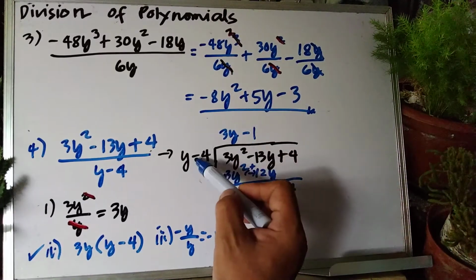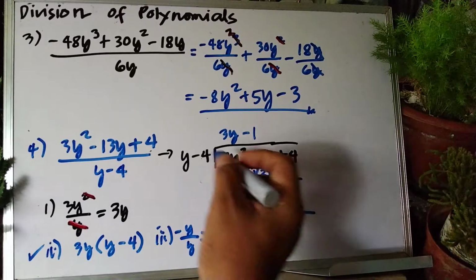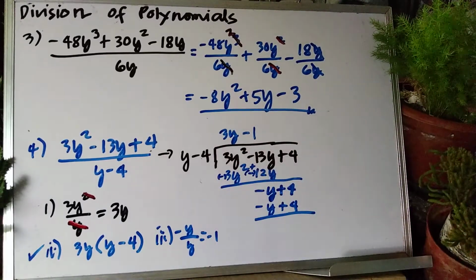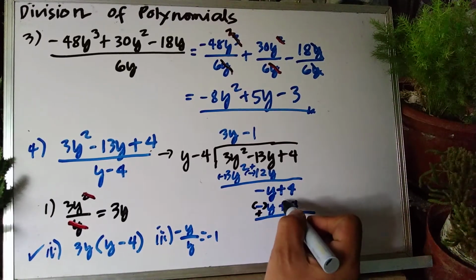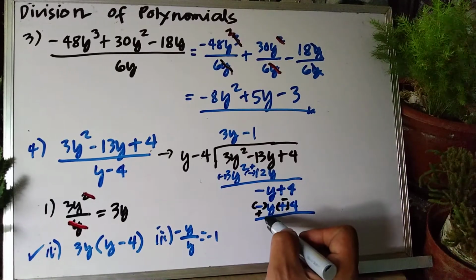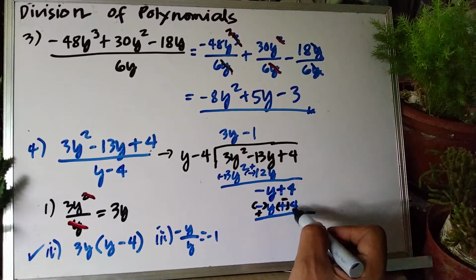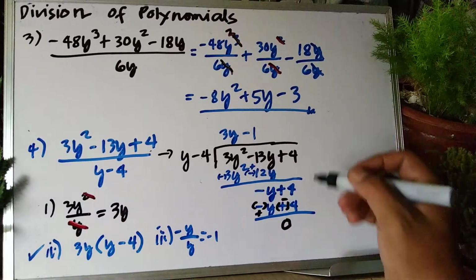Negative 1 times negative 4 is plus 4. Diba? Ingon ko sa inyo nga ma-change iyang sign. So, kaning negative, mahimo og plus. Kaning plus, mahimo og minus. So, negative y plus y is 0. 4 minus 4 is 0. Okay, what does it mean?